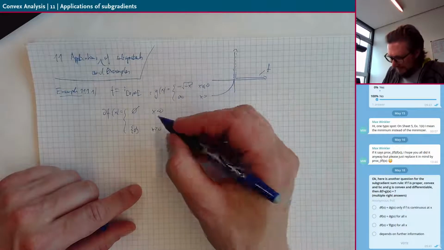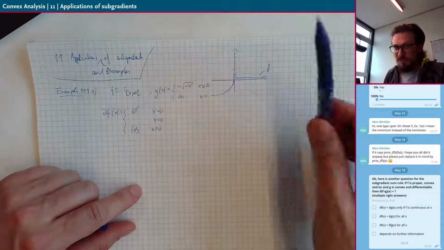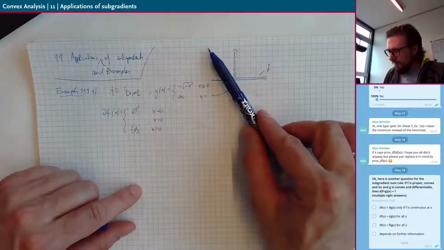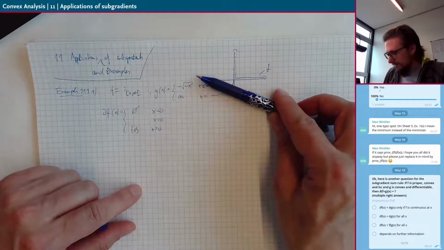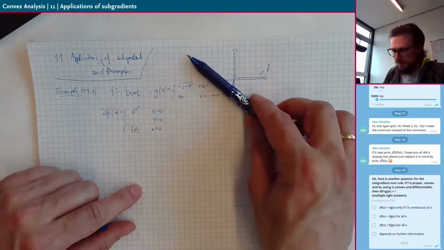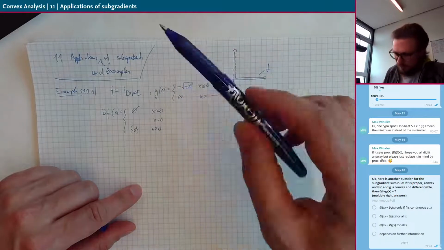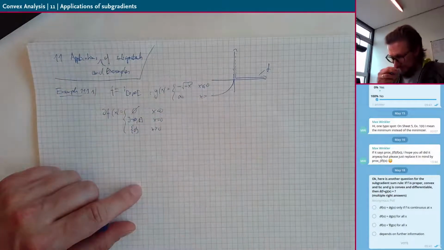And x equals 0 is the only interesting point. There, by visual inspection, it's the set of all slopes of lines which you can fit under the graph, and so all negative slopes work, and even slope 0 works. So here it's the interval from minus infinity to 0, 0 included.